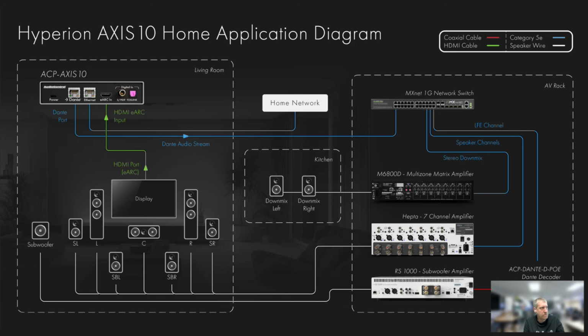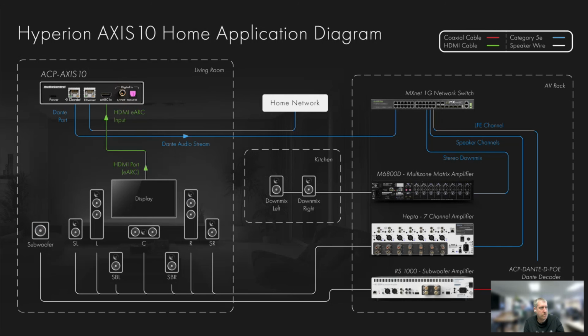And then you have that going to a Hepta amplifier for your 7 channels, going to an RS100 with the addition of the Dante D PoE to get that Dante stream into the RS100, because we don't have a Dante subwoofer amp. And then you can see that there's that multi-zone director in there, and that can be used to send that down mix channel from the Axis 10 into your other areas, right? So that could be a kitchen. It could literally be any other stereo zone that you have throughout the home. You can multiply that by 8, right?